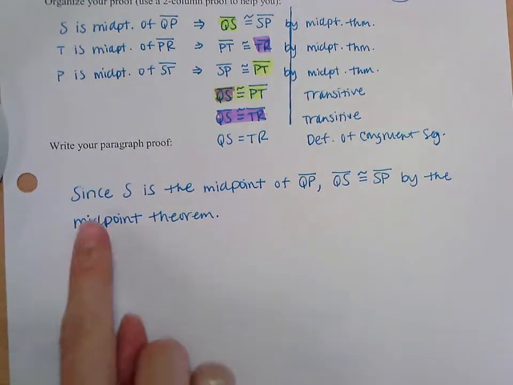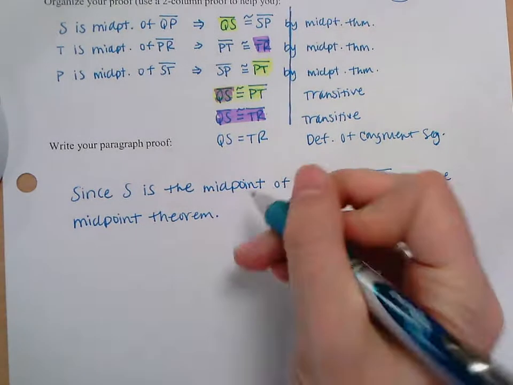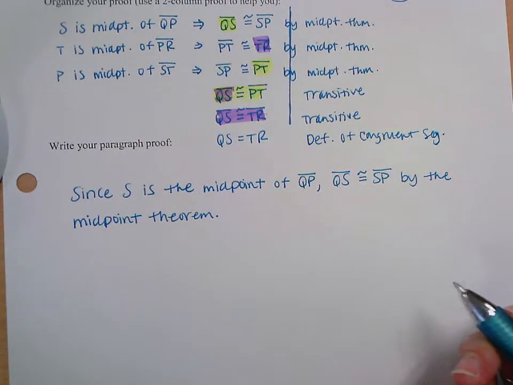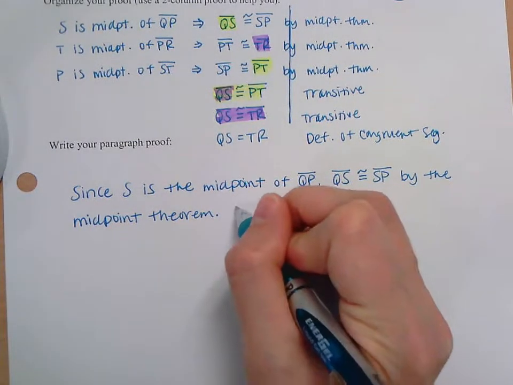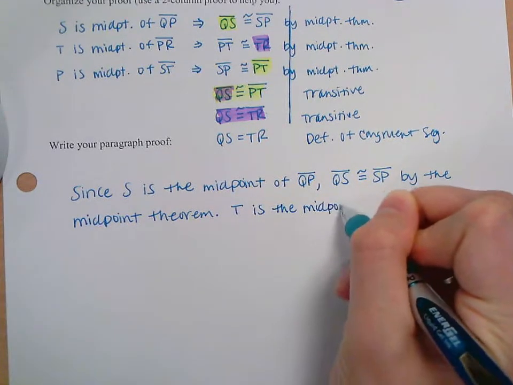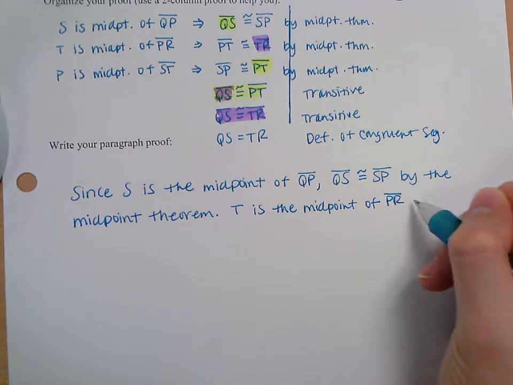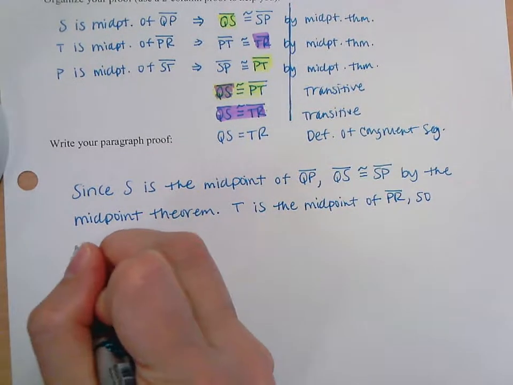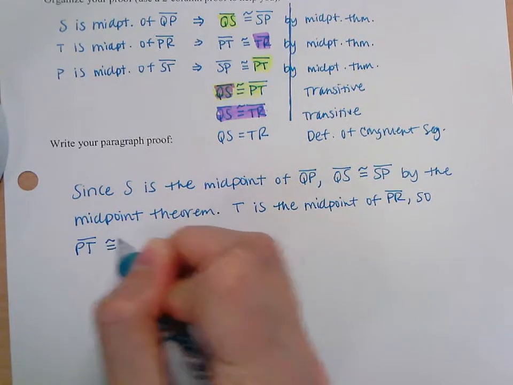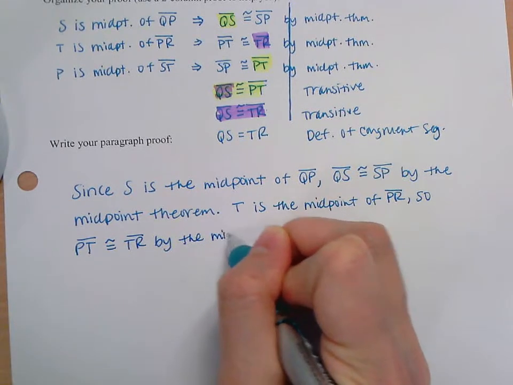And now I'm going to say basically the same sentence for the next two lines as well. So if I don't want to use since every time, I could just start with T is the midpoint of PR. And then I'll put so PT is congruent to TR by the midpoint theorem.